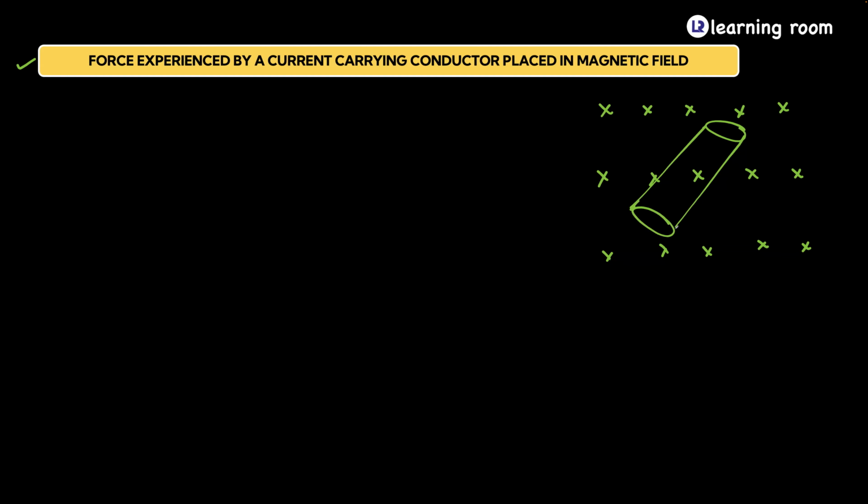Now, when I talk about a current carrying conductor, what is going to be present inside it? There is going to be charged particles, right? Basically, they are electrons. And how are these electrons going to travel? If I say that the current is flowing in this direction, what is going to be the direction in which the electrons will move? They'll be in the opposite direction.